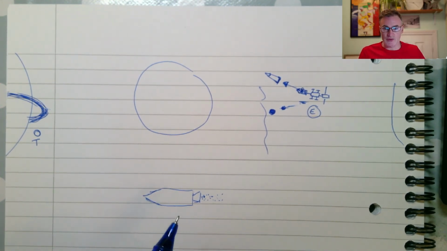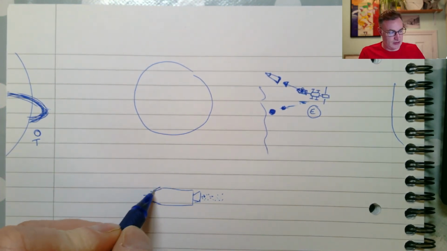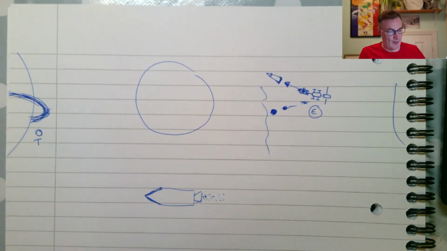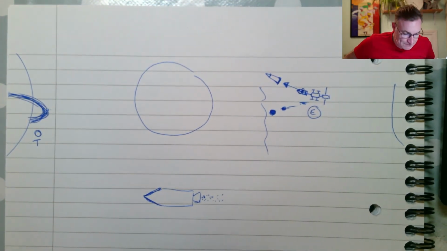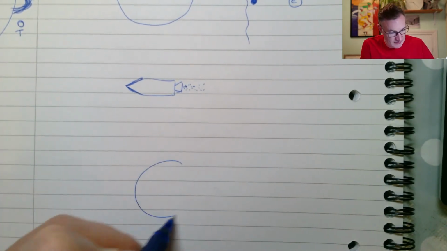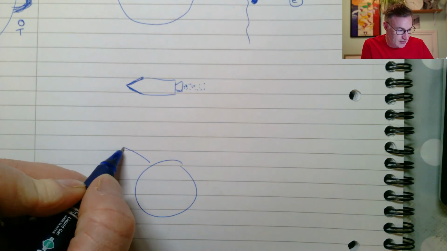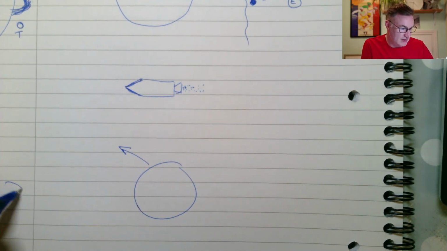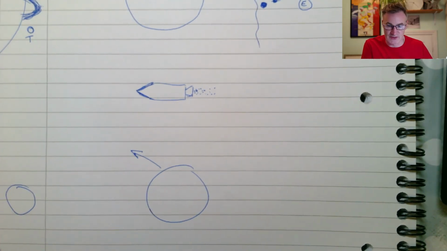You can also use planets to help you. Now, let's say you're going to have Jupiter here. Jupiter is moving around like this, and you want to get to Saturn, which is over here.